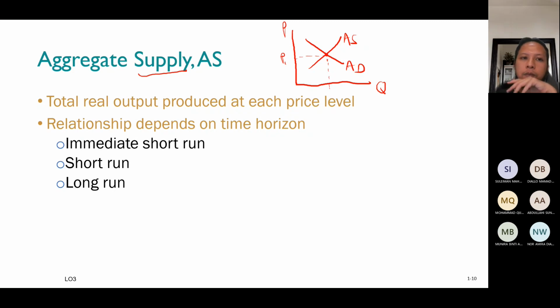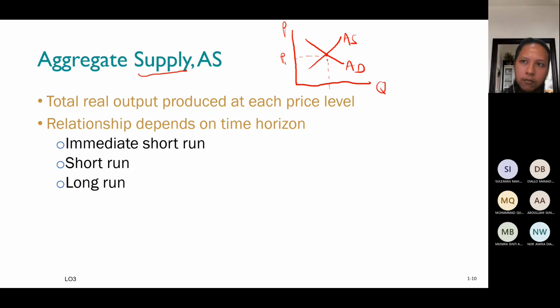Similarly, we will see for supply also, the shape will be more or less the same, but the factors will be different. I think it is good that you can connect the microeconomic demand and supply with the aggregate demand and supply.